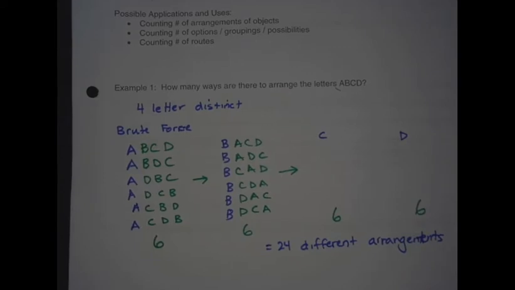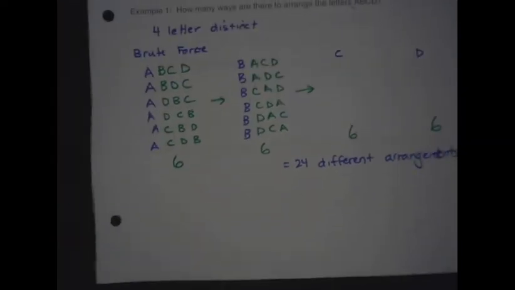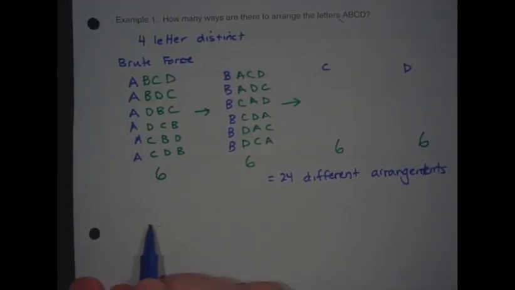Okay, so the question now is, is there a pattern? Is there a way of looking at this? Another way you can think of it is as a tree diagram.